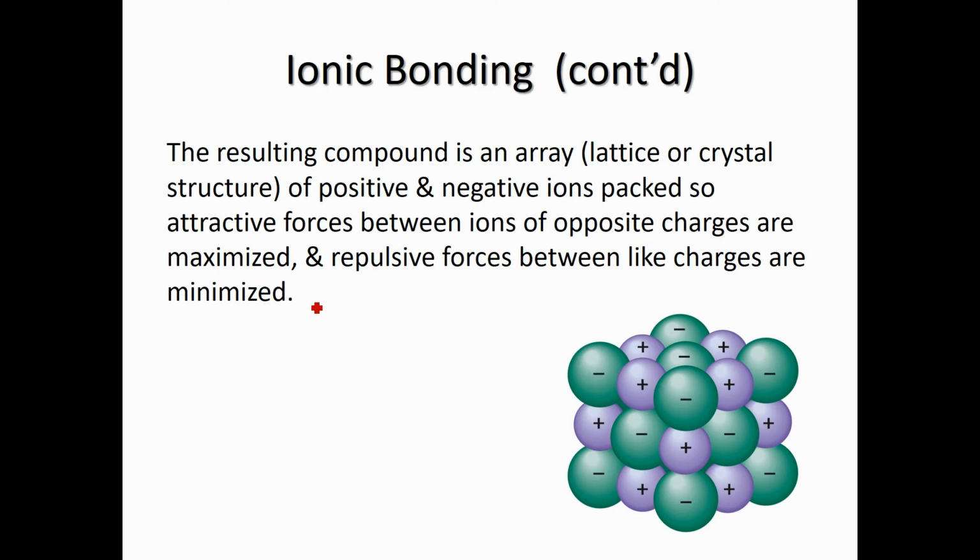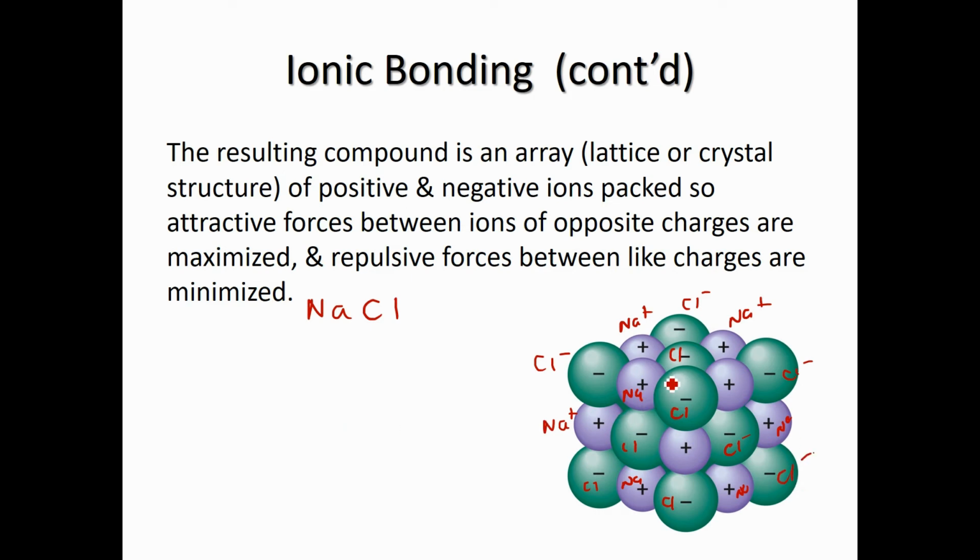For example, consider sodium chloride, the table salt. This will be taken to be Na plus, and this will be the Cl minus: Na plus, Cl minus, Na plus, Cl minus, and so forth and so forth.